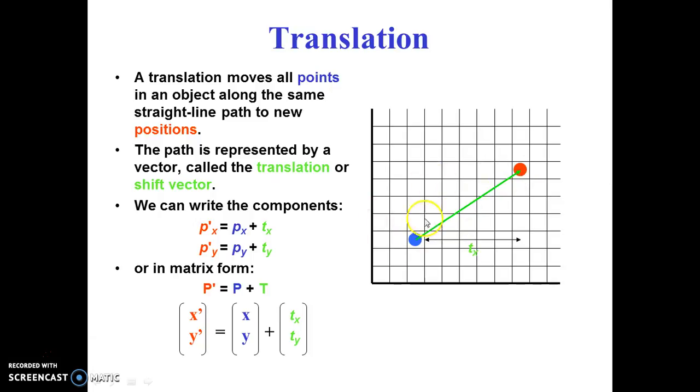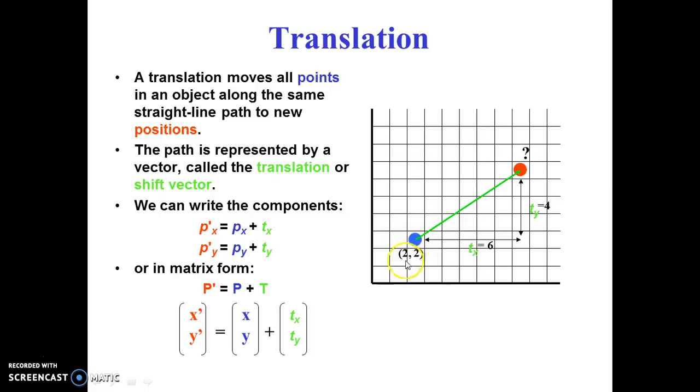In the x direction we move a distance of tx, the translation or shift vector in the x direction, and in the y direction we move ty, the translation or shift vector in the y direction.